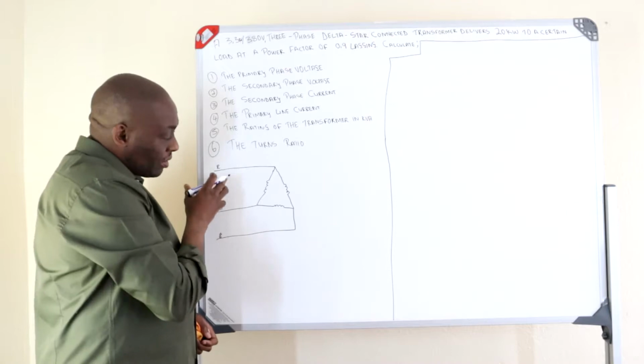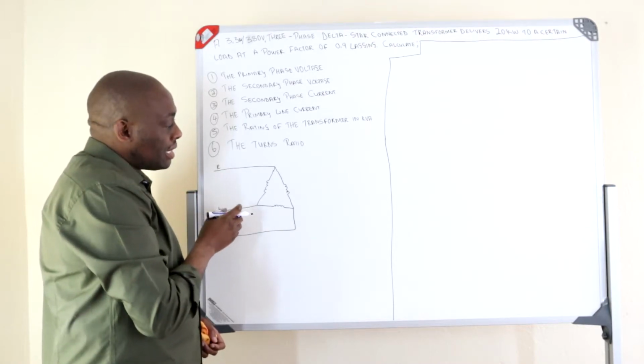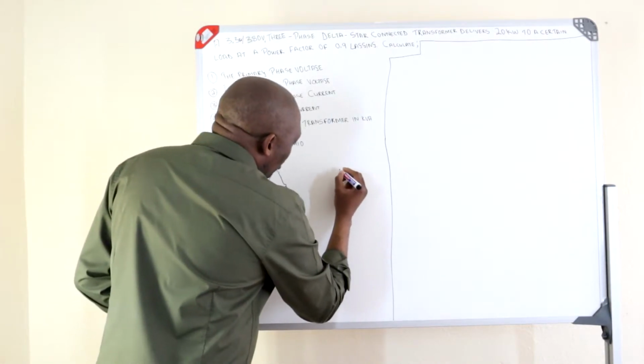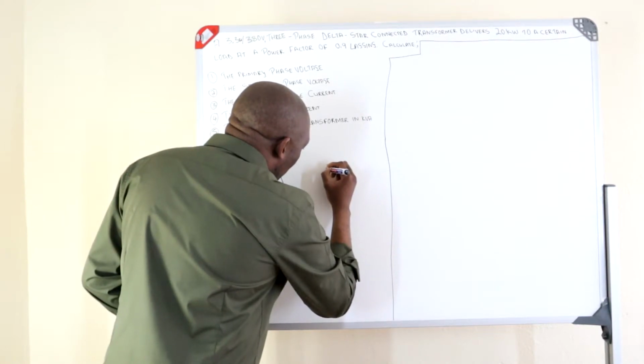Remember, we show the primary side with capital letters. Now we draw our secondary side, which is the star.